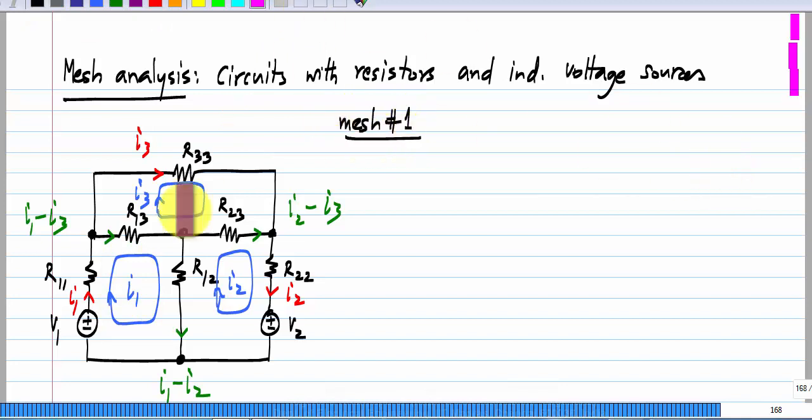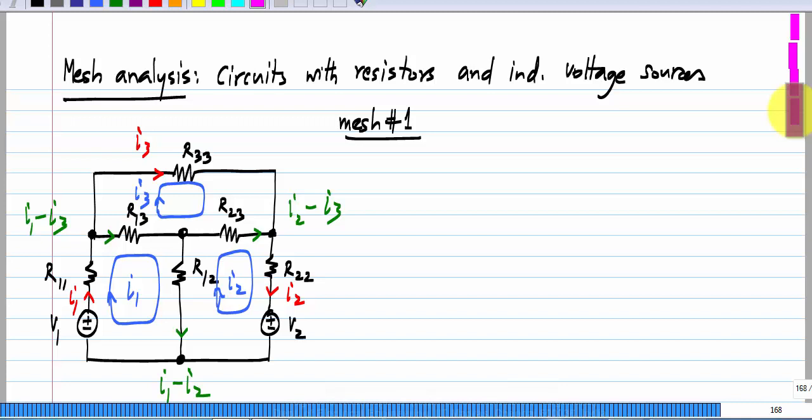Let's say I will go in the same direction as the mesh current, that is clockwise direction, and I will write the voltage drops across all resistances to be equal to the voltage rise across the voltage source in the loop. This is the way I choose to write it.